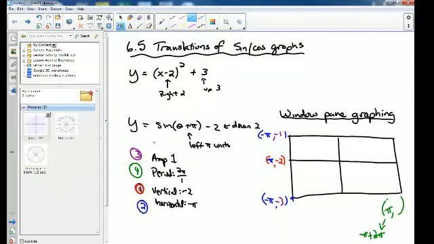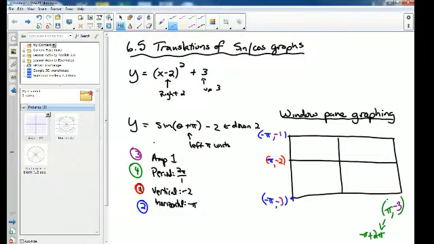What's my y value? Negative 3 still. We have not moved up or down. This is negative pi plus 2 pi.